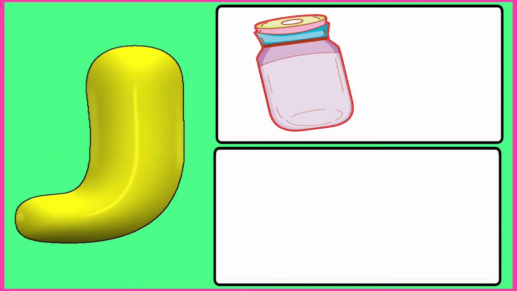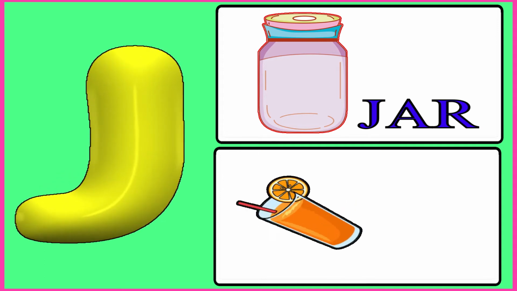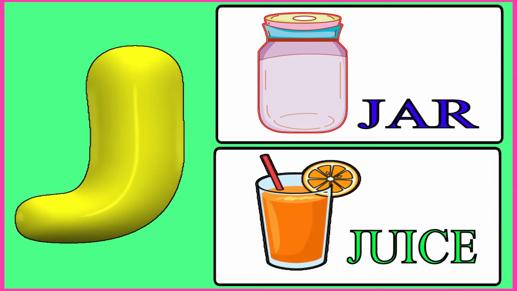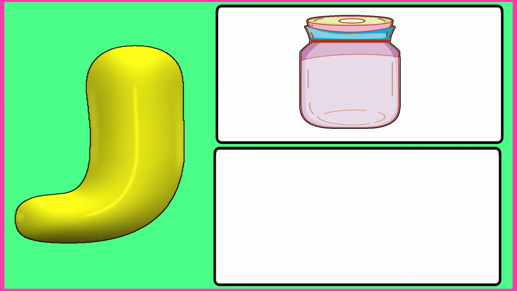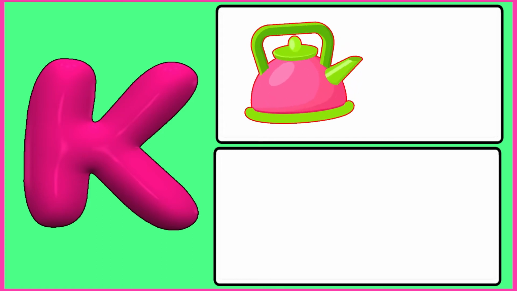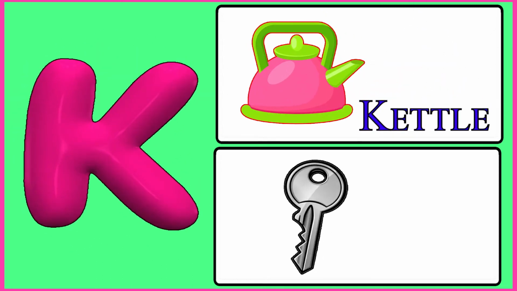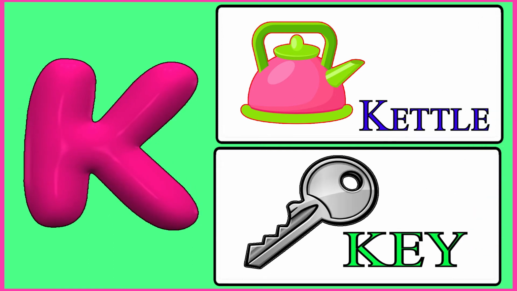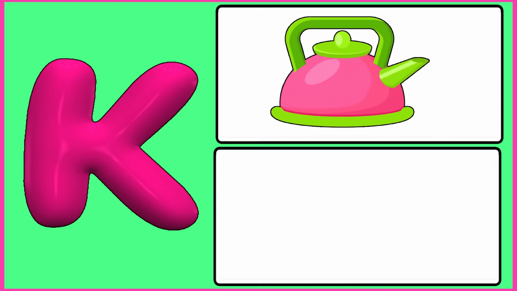J is for jar, jar. J is for juice, juice. K is for kettle, kettle. K is for key, key.